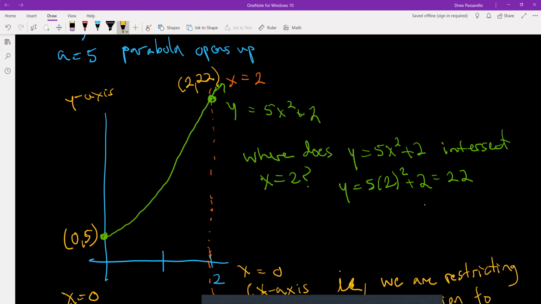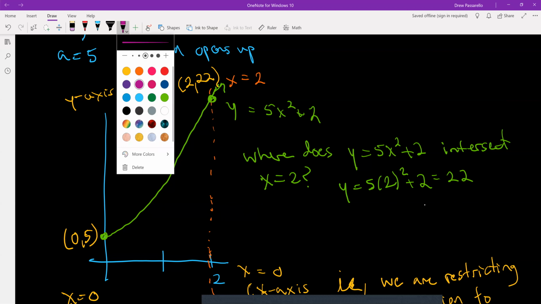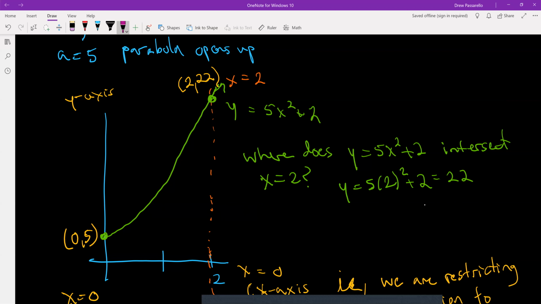So we're restricting ourselves to the area of the region that's bounded, and it's going to be this as our region. So we want to find that area.